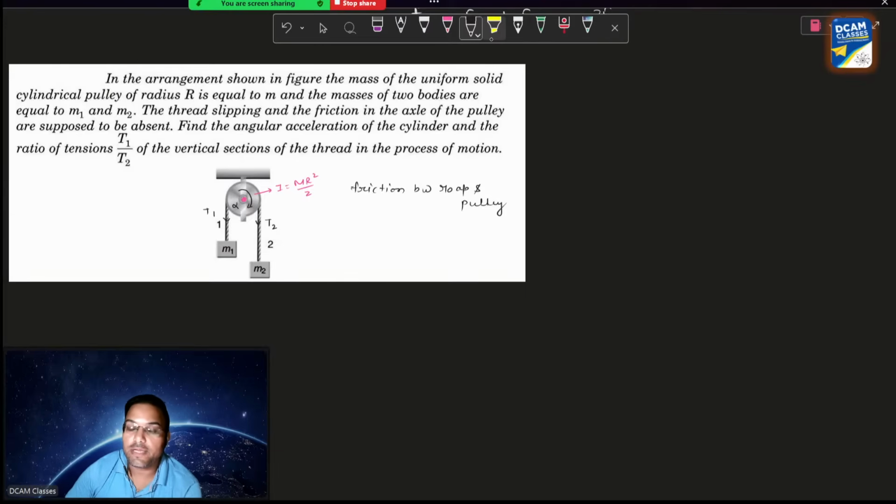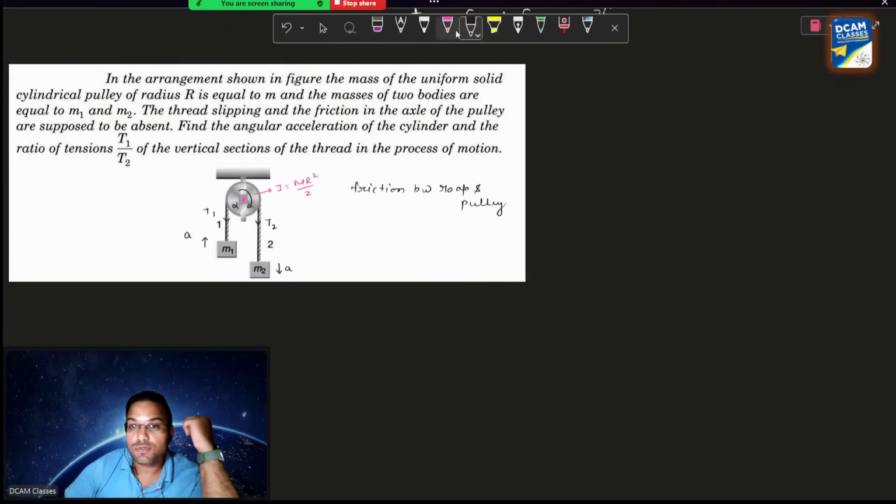It's rotating with angular acceleration alpha, and the tensions in the two parts are different. But the acceleration of these two blocks will be the same, because the distance by which M2 is moving down, M1 will move up, since the thread is inextensible.